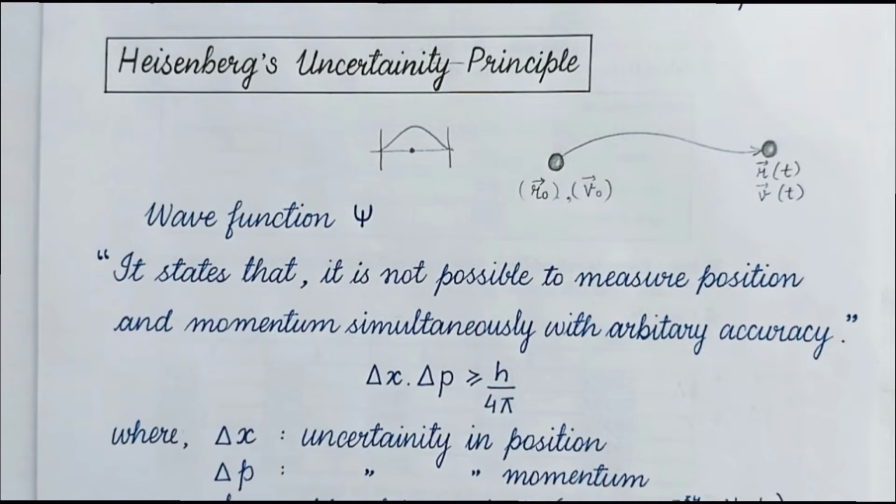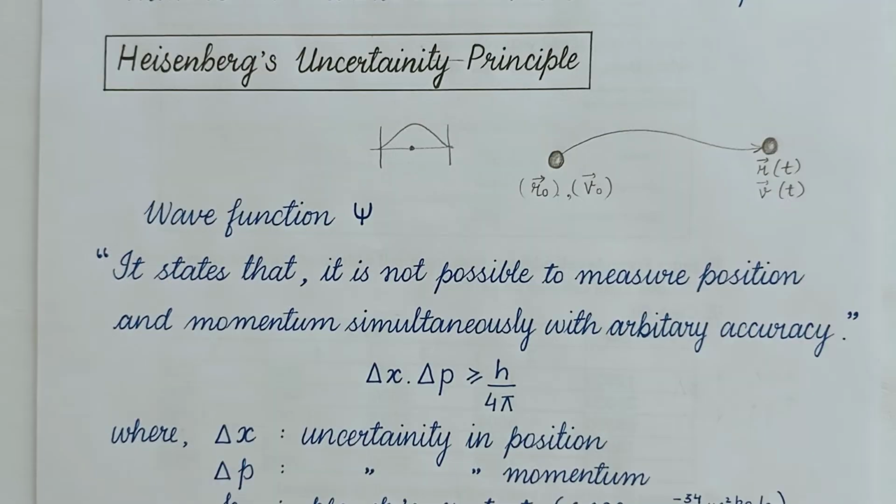This is so because we saw in the double slit experiment that it is impossible to determine the exact position of an electron, so it cannot be localized in this space. That's why we take a spread region to show the area where the electron may be present. Now, unlike classical physics, we can't calculate the exact position and momentum or a unique path of a particle. And here the Heisenberg uncertainty principle comes into the picture.